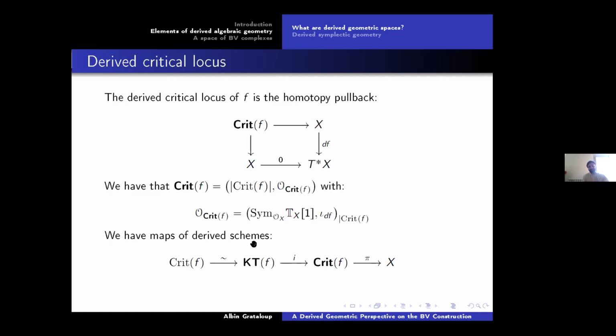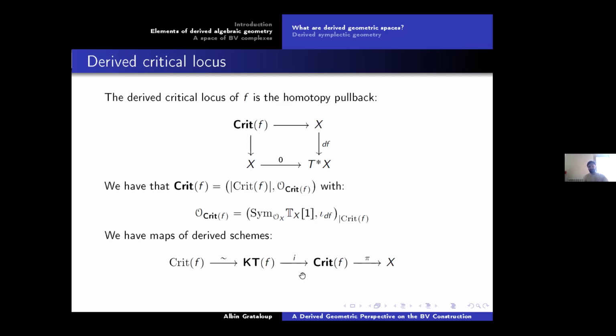And we get a few maps of derived schemes. The first map I defined on the last slide, this equivalence. There is a map from the Koszul-Tate resolution to the critical locus, which basically forgets the extra Tate terms algebraically.